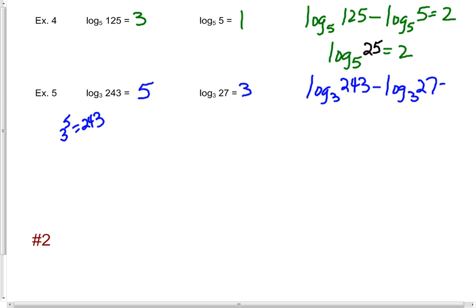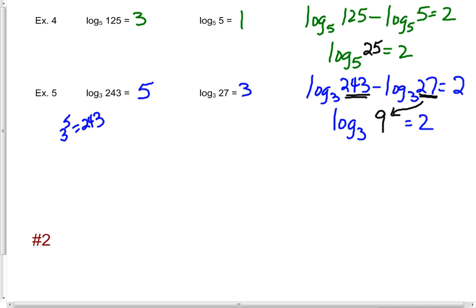I know their values. 5 take away 3 is 2. What else is equal to 2 for log base 3? Well, 3 squared is 9. What is the relationship between 243, 27, and 9? 243 divided by 27 is 9.